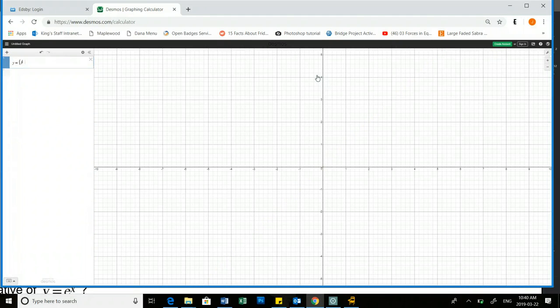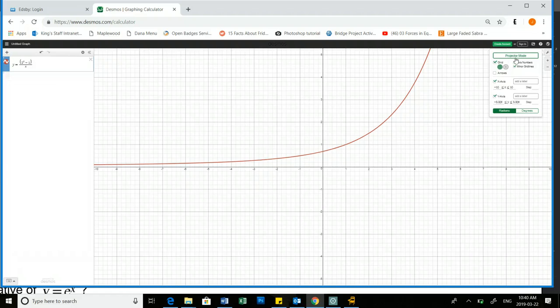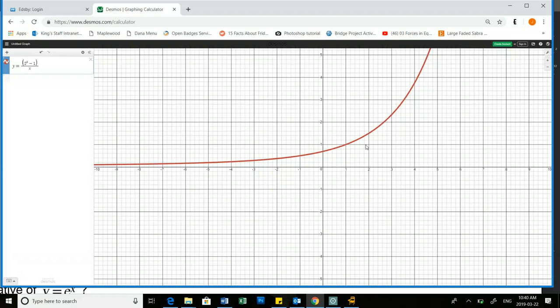So I want b to, no, not b to the x. I'll start with 2 to the x minus 1 all over x. This is our first function. Let's go into projector mode here. Okay. So we are looking at where this approaches 0.